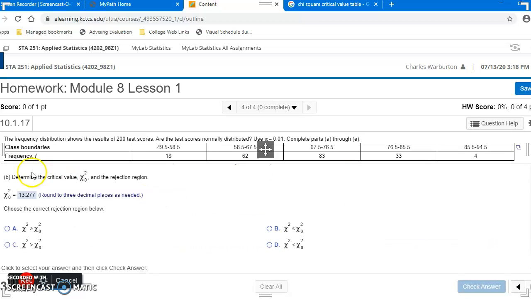I Googled that and got a critical value, the borderline of 13.277. So when are we going to reject the null hypothesis? Any time this chi-square is strictly greater than 13.277.